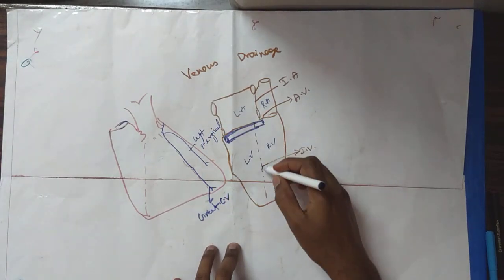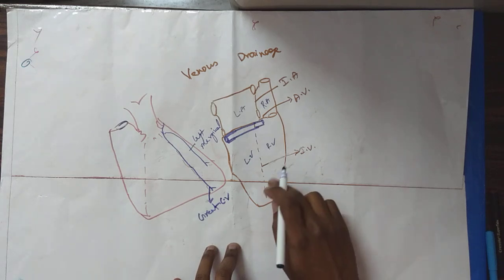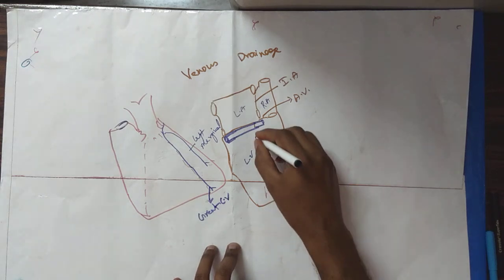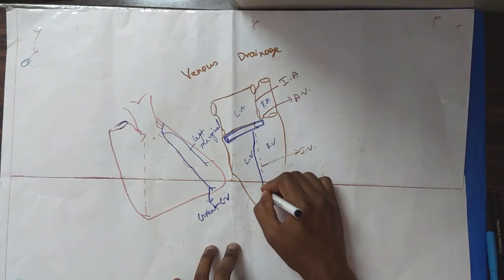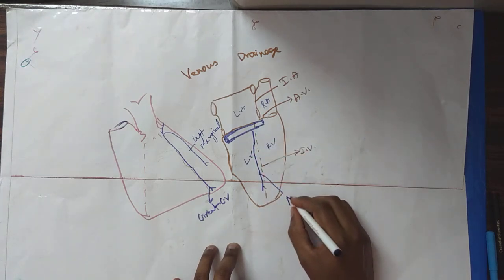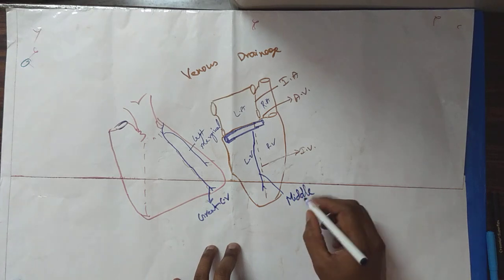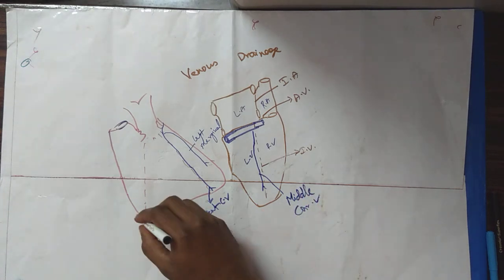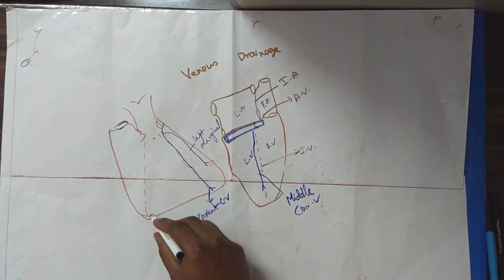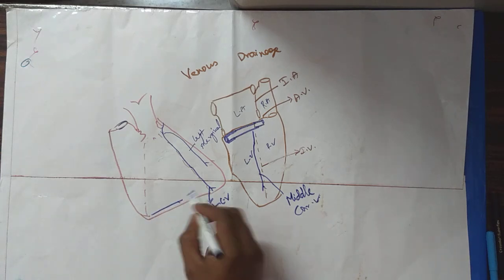Same way, if you see the posterior part, this is your posterior interventricular groove. In this we have one more vein called middle cardiac vein. Apart from that, you have one more thing. Here we had an artery called right marginal artery.